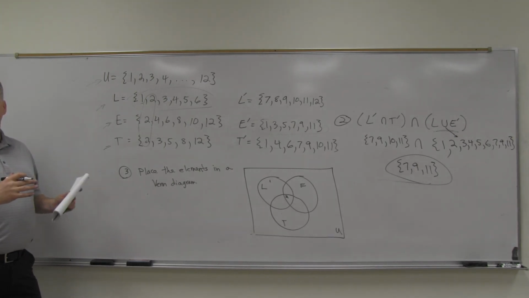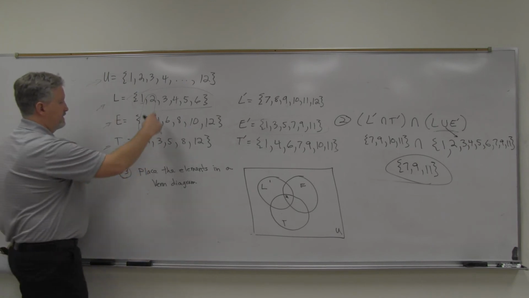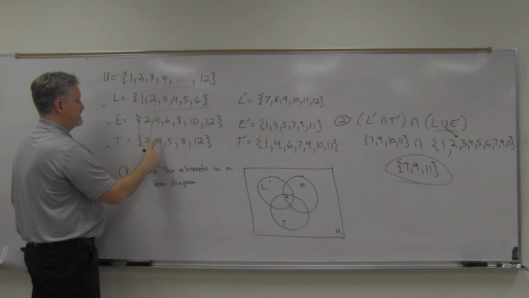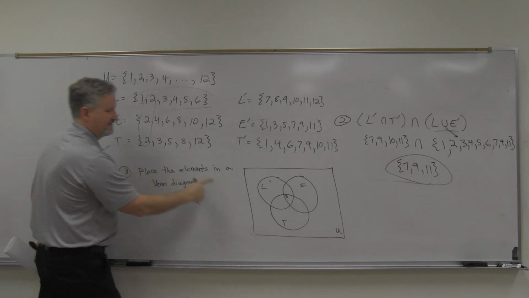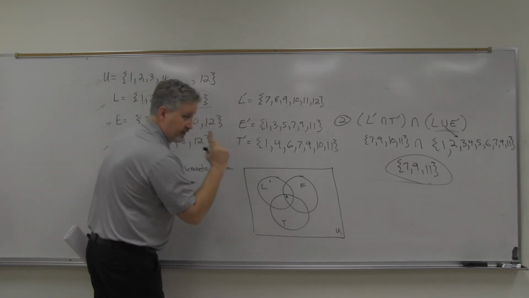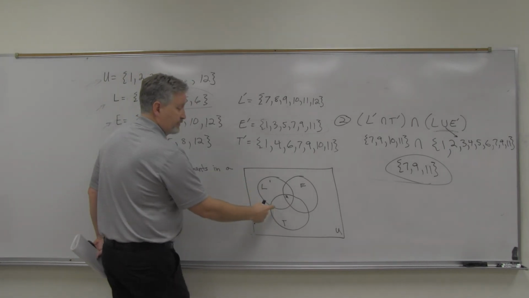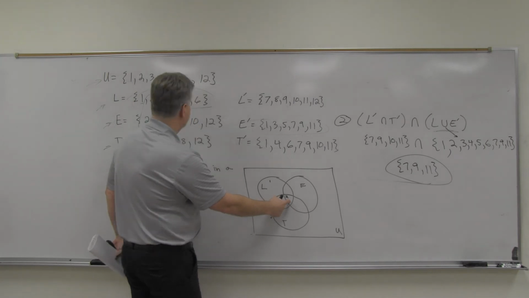When an element's in all 3, it would go right in the middle. Now, here's a little tricky one. 3 is in E, L, and T, but it's not in E. So put in L and T. It goes in L and T, but it can only go in one spot. So it goes in the middle with the L and T, but it's not in the very middle, right? It's right here.